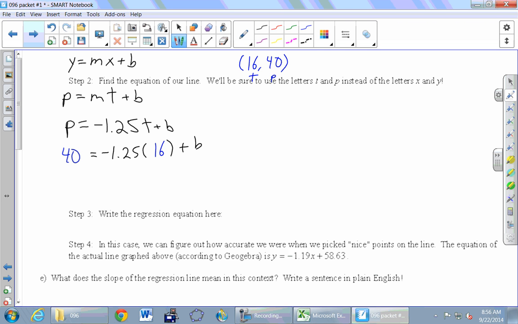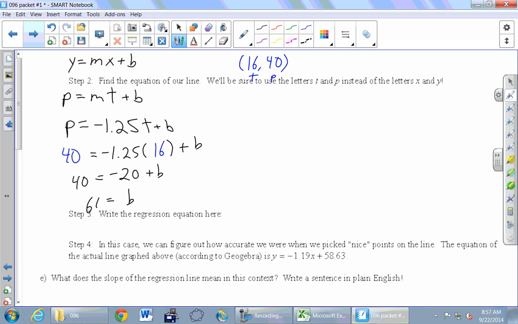Okay, so we do that multiplication there. Is that negative 20? I got 40 equals negative 20 plus B. It's just multiplying. Again, the goal was to solve for B, so what should we do to both sides? Add the 20.